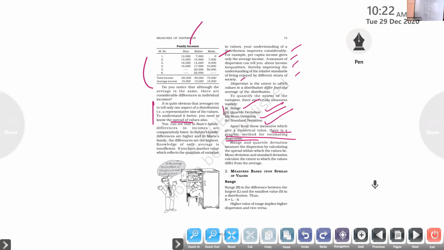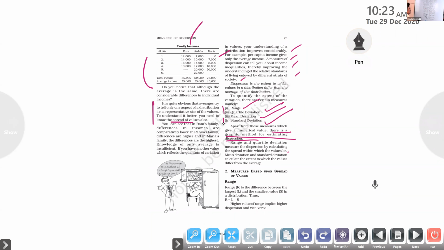That is showing the spread within which the values lie, the difference between the values in the whole group. Next, mean deviation and standard deviation calculate the extent to which the values differ from the average, the difference between the average and the highest value in that particular group.